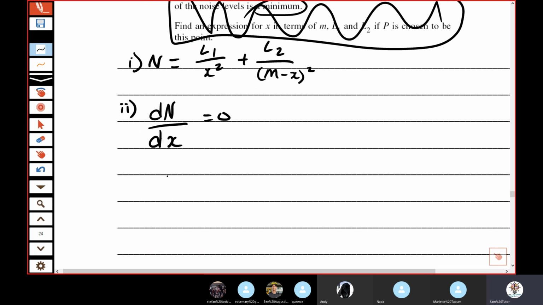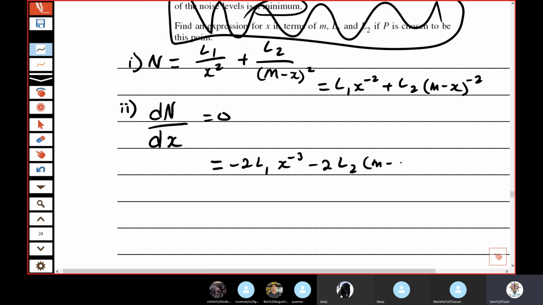All right. What am I going to do with N firstly before I start? L1 x negative 2 plus L2 m take away x negative 2 equals negative 2 L1 x negative 3 negative 2 L2 m take away x negative 3 times negative 1.